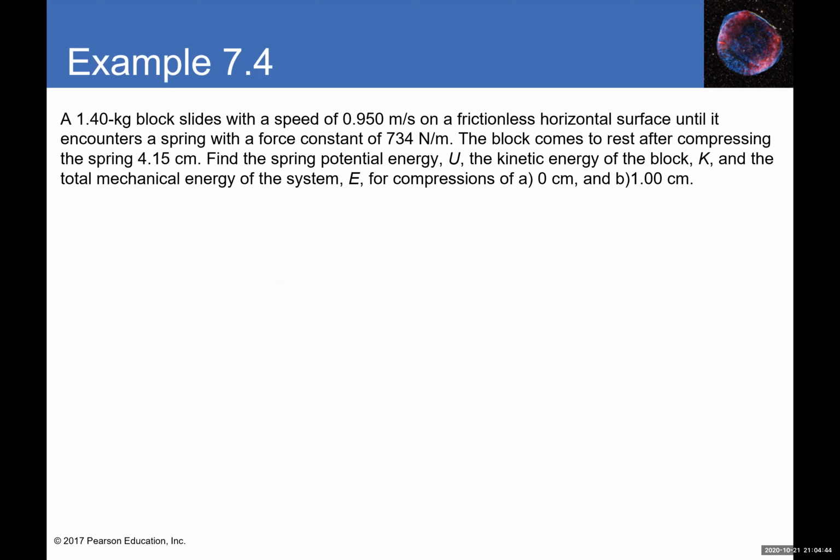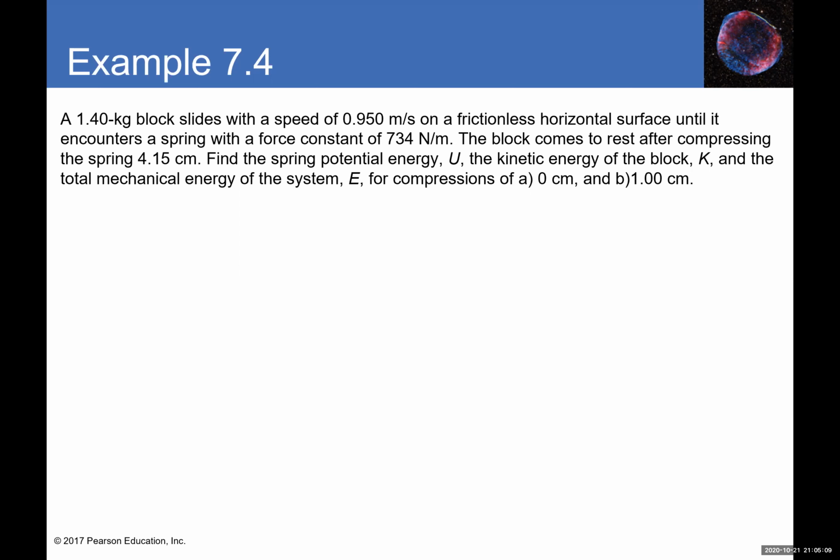All right, here's another example. A 0.14 kilogram block slides with a speed of 0.95 meter per second on a frictionless horizontal surface until it encounters a spring with a force constant of 735 newtons per meter. The block comes to rest after compressing the spring 4.15 centimeters.